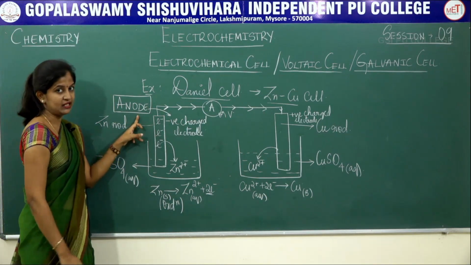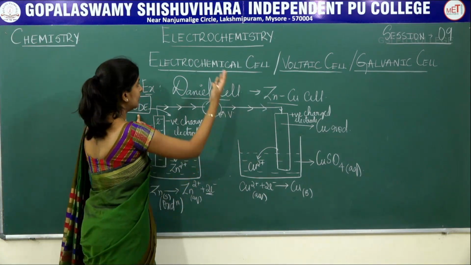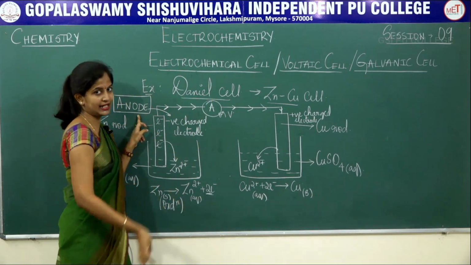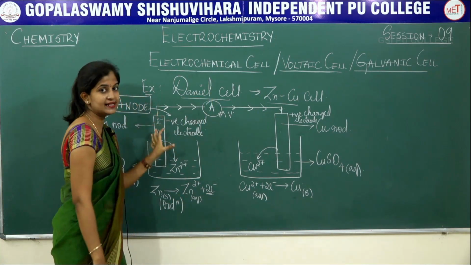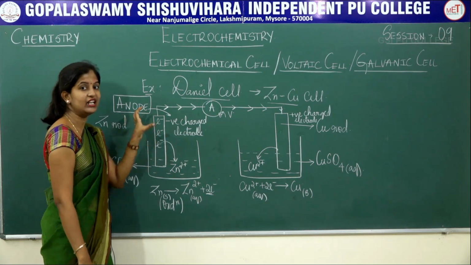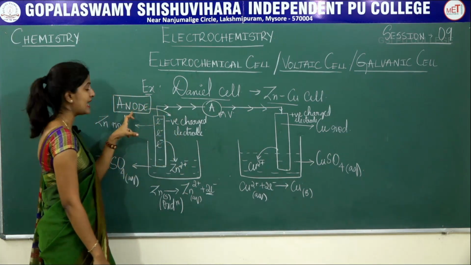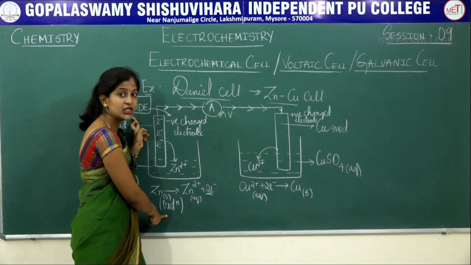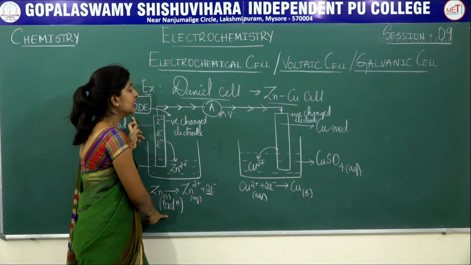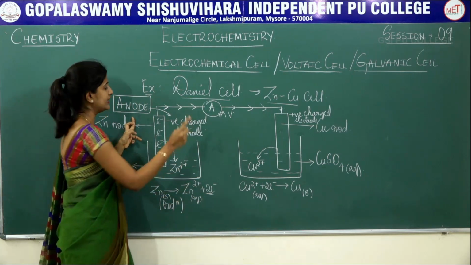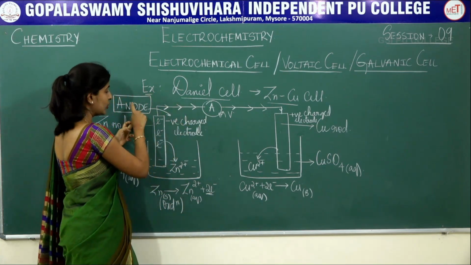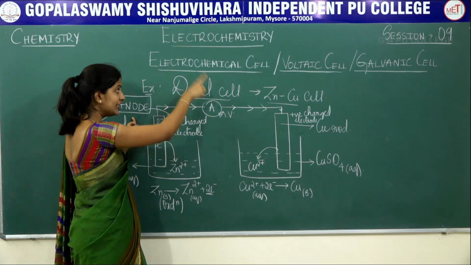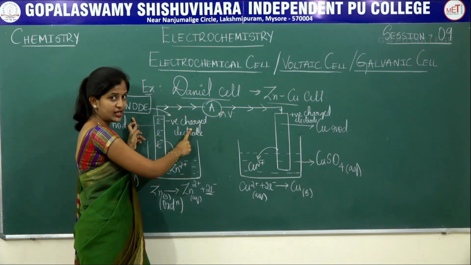In any cell, whether it is an electrochemical cell or an electrolytic cell, the electrode on the left hand side is always called the anode, and on the left hand side you will always have an oxidation reaction. But in electrolytic cells the anode is positively charged, whereas in an electrochemical cell it is negatively charged.